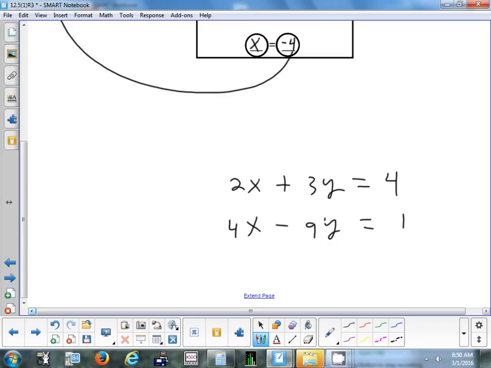If you multiplied the top equation by negative 2, okay, what would this become? It would become a negative 4x. Okay? Or what if you multiplied the top equation by 3? What would this become? Become a 9y. So in this problem, you could choose which letter you want to get rid of. Right? You could either make these numbers opposite or make these numbers opposite. I think either way would be just as easy. Okay? Either way.